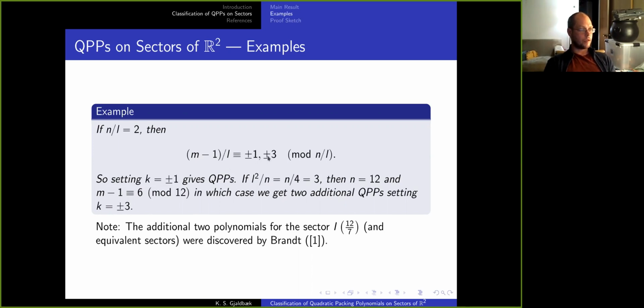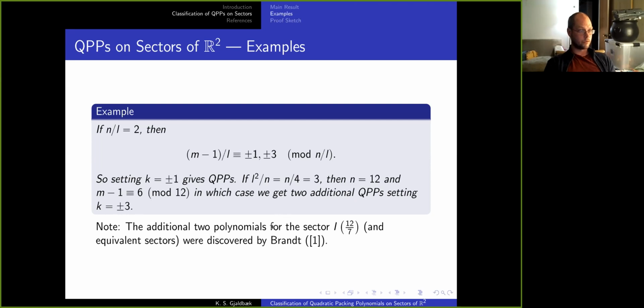Now, in the plus minus 3 case, we need L squared over n, which is n over 4, to be equal to 3. Solve for n, you get n equals 12. Now, if n over L is 2, L is 6, so this means m minus 1 must be congruent to 6 mod 12. In these cases, we get 2 additional quadratic packing polynomials with k being plus and minus 3.